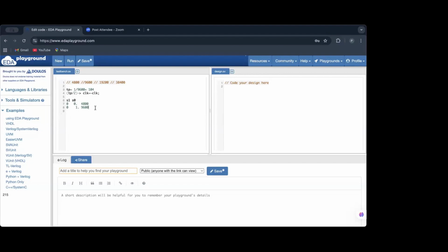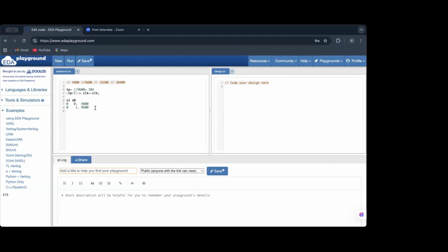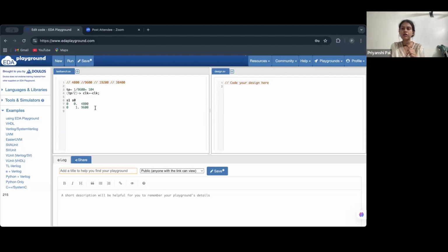So can we have fractional baud rates? Fractional, like apart from these values. Yes, fractional baud rates. Yes, ma'am, we can have.